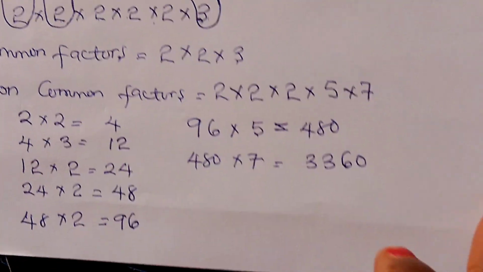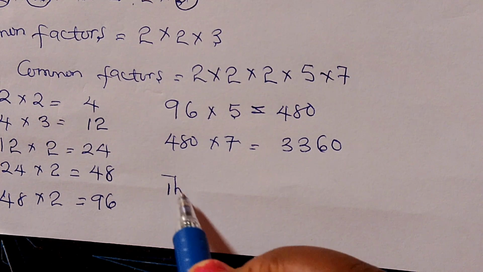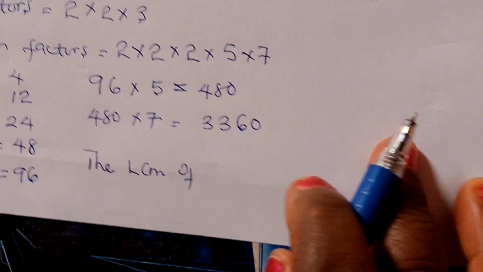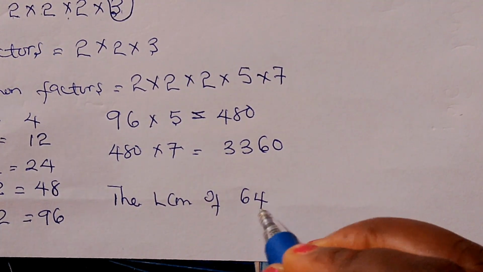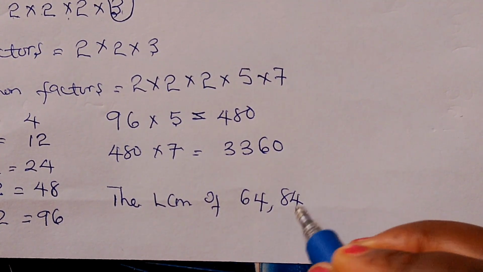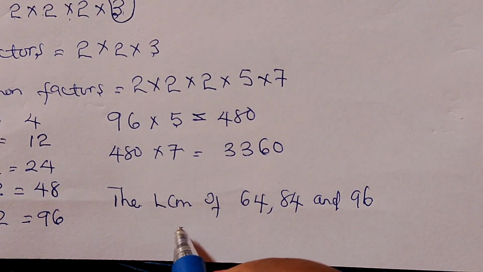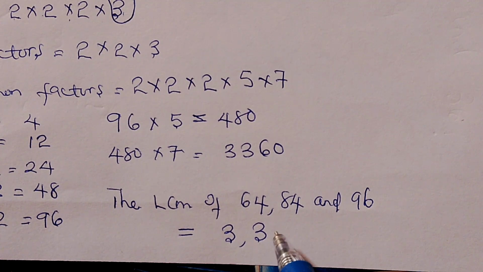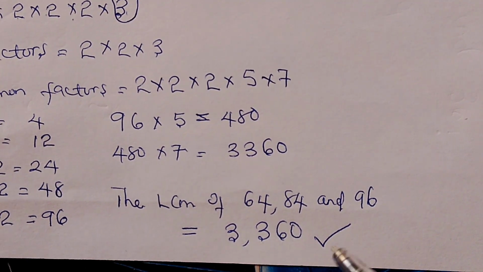So therefore the LCM of 64, 84 and 96 is 3,360. So that's the LCM.